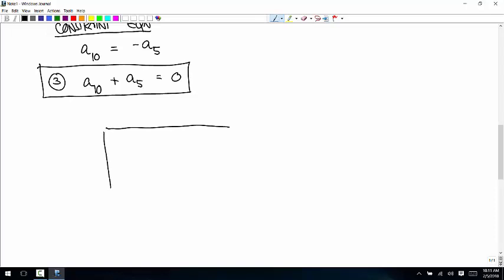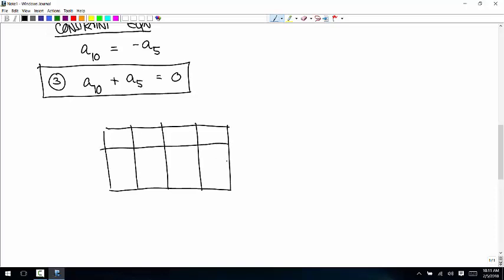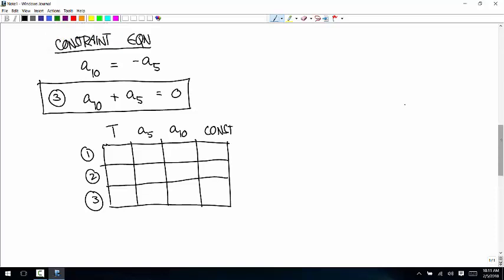So now I'm going to write out this matrix, equations 1, 2, and 3. And our variables are T, A5, A10, and then the constant on the right side.